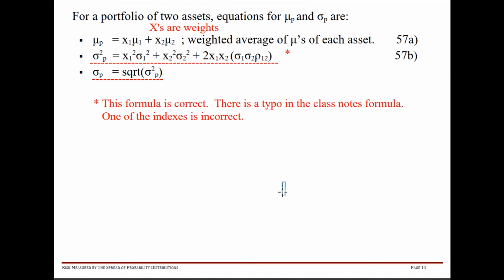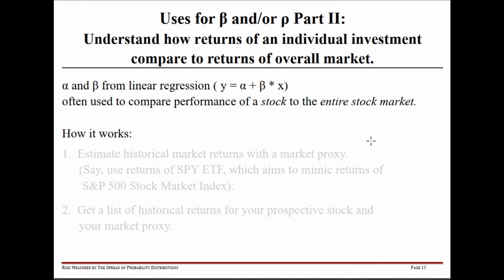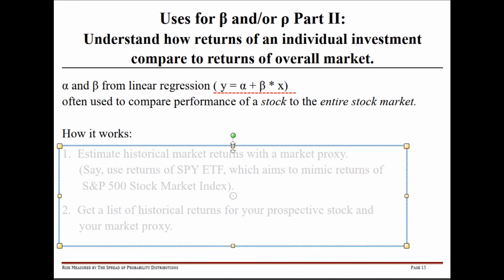And I've spent so much time on this, you kind of might want to expect that you'll have to use this on the final exam. Okay, so the second thing that we use beta and rho for is to help understand how the returns of an individual investment compare to the overall market. And mostly, honestly, we use our regression with beta, and we're also going to include alpha for this.